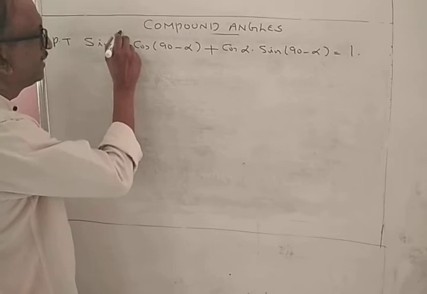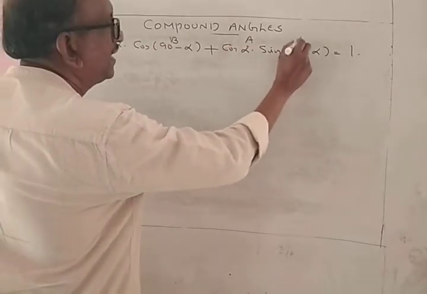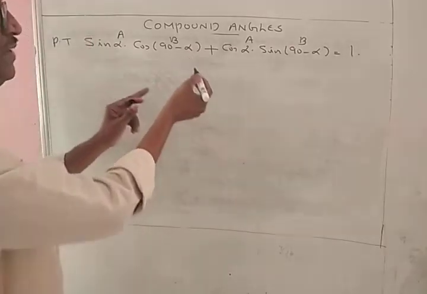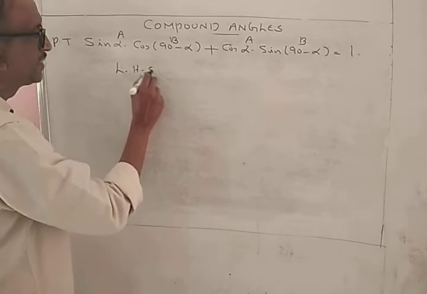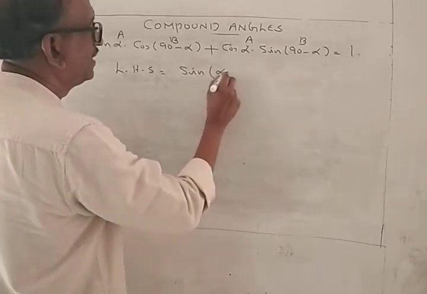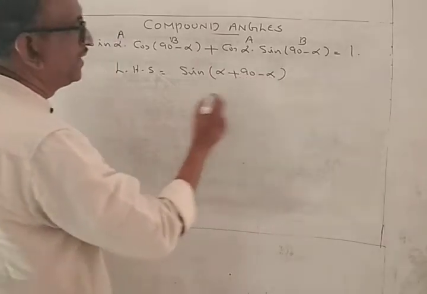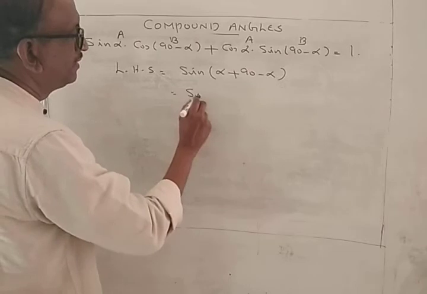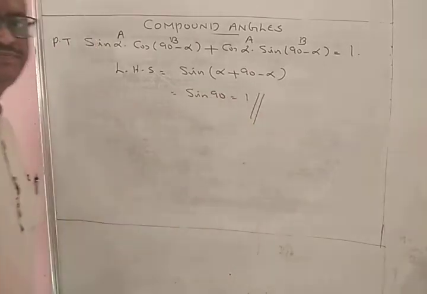This is sin A, this is cos B, this is cos A, this is sin B. Sin A cos B plus cos A sin B is sin(A plus B). A is alpha, B is 90 minus alpha. Alpha minus alpha got cancelled. Sin 90 is equal to 1.